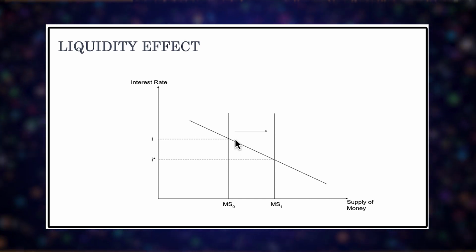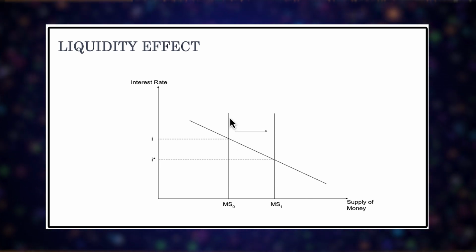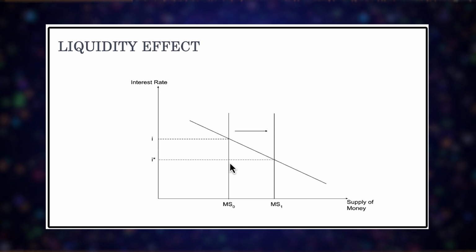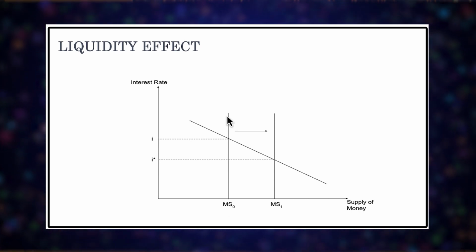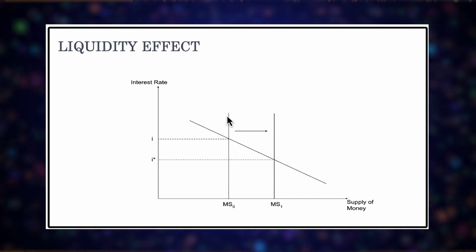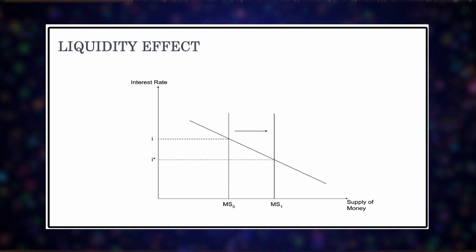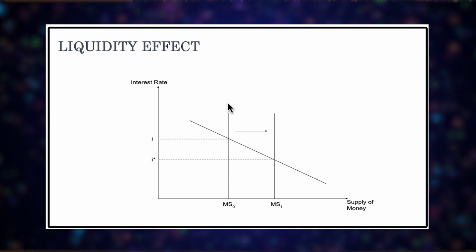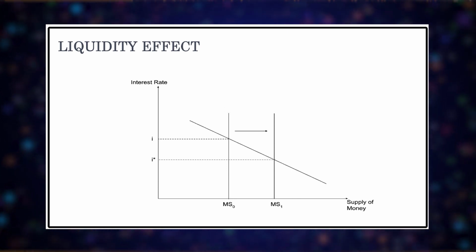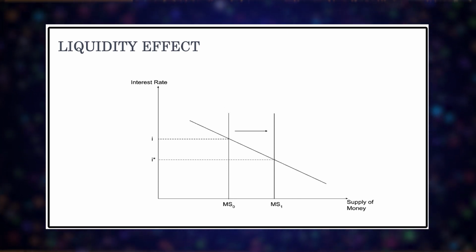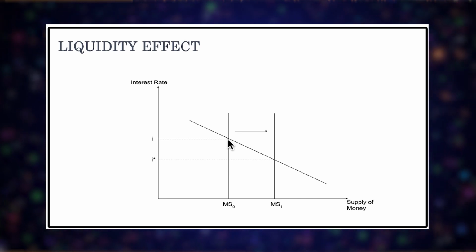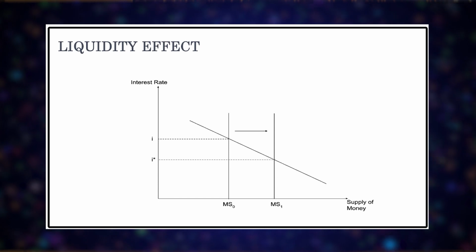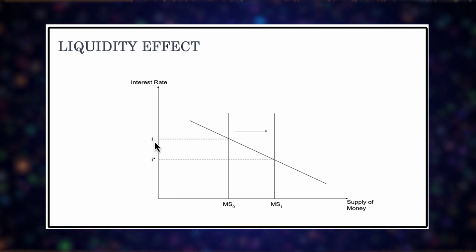The initial money supply is shown by a vertical straight line, which is MS0. That means that the money supply is exogenously determined. We have no power to change the money supply in any way. And so when the money supply is MS0, it intersects the demand for money at this point, as you can see in my cursor, and the equilibrium interest rate is given by I.